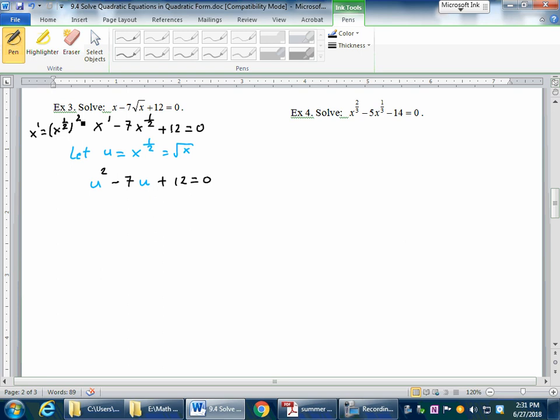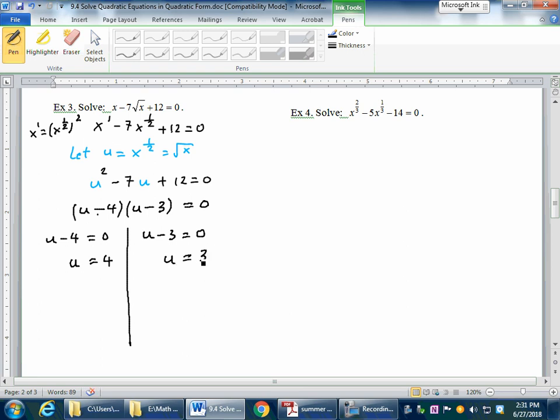So now, factoring out, it will be u minus 4 and then u minus 3 equal to 0. Using the zero factor property, u minus 4 is equal to 0, u minus 3 is equal to 0. Solving for u, u is equal to 4 and u is equal to 3.